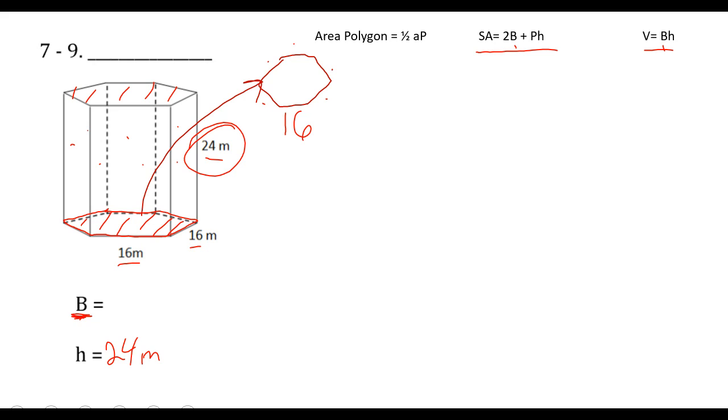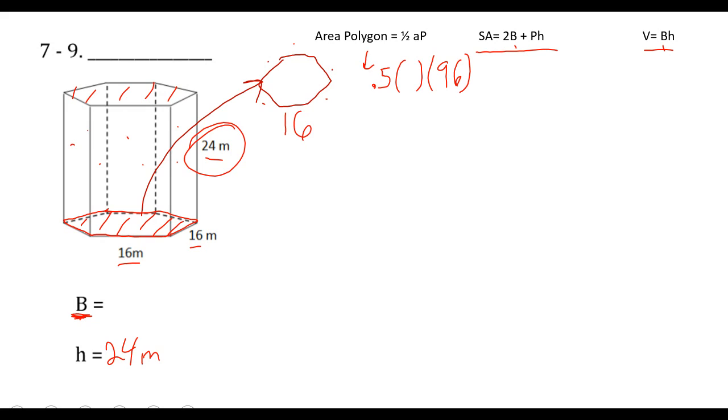So 16 times 6, put that in the calculator. I got 96. I don't know the apothem yet, but I know the perimeter. It's 96. It was 6 times 16.